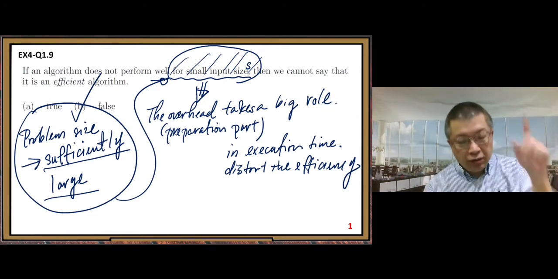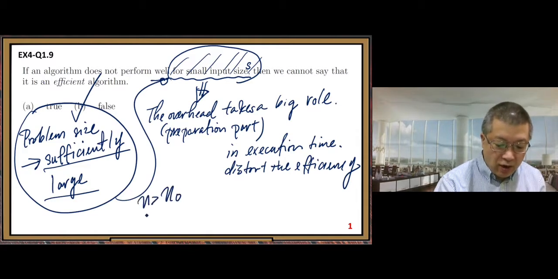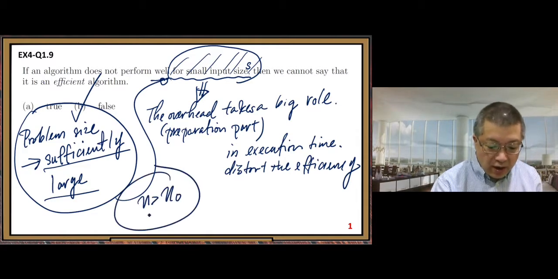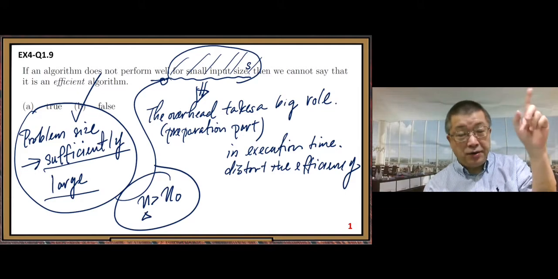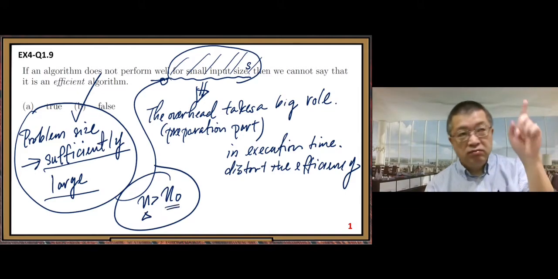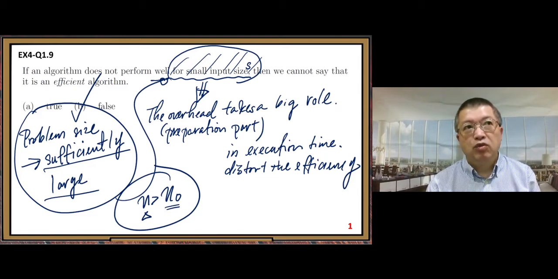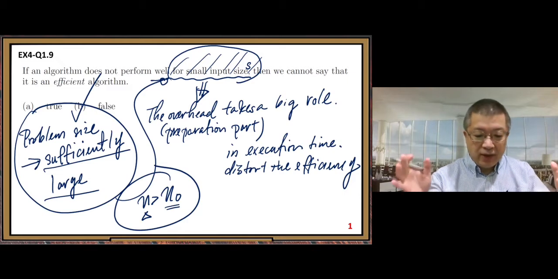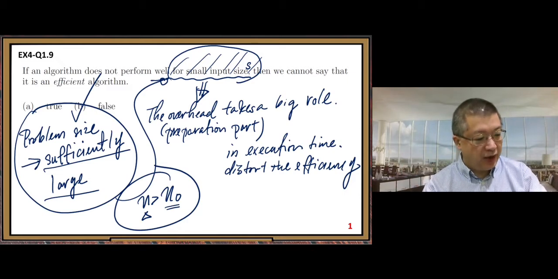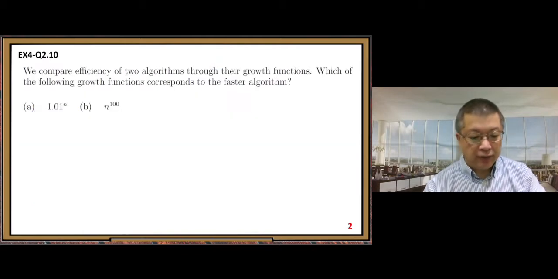In our asymptotic notation, we use n0, so we only look at the n values that are greater than some reference number n0. All right, so this is the explanation for our first question.